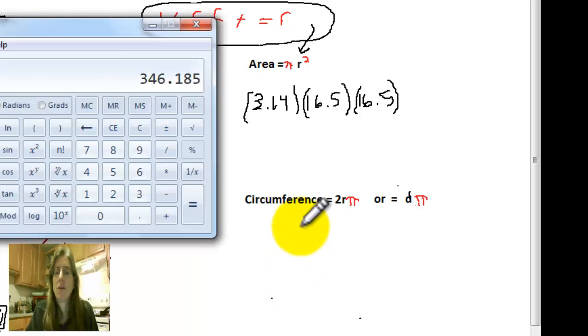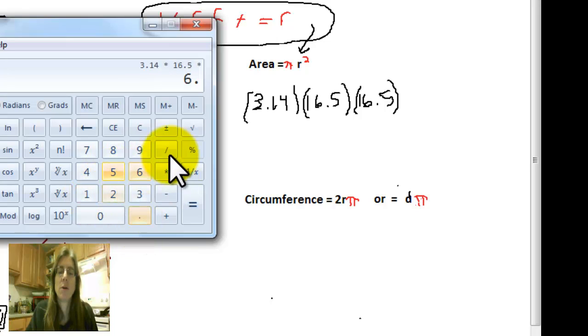And that would be 3.14 times 16.5 times 16.5 equals. Let's round this to 855, because this 8 here tells us to round the 4 up.